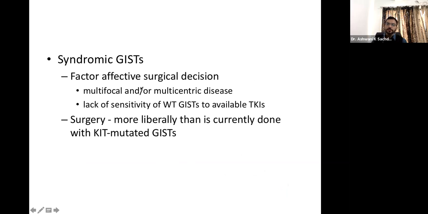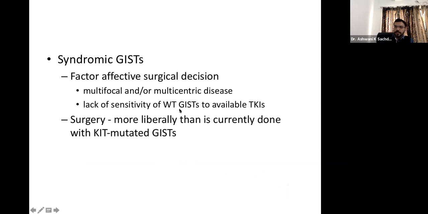The factors which will affect our surgical decisions are the presence of multifocal and multicentric disease, and lack of sensitivity of wild type GIST to available TKI. This also alters our surgical decision.